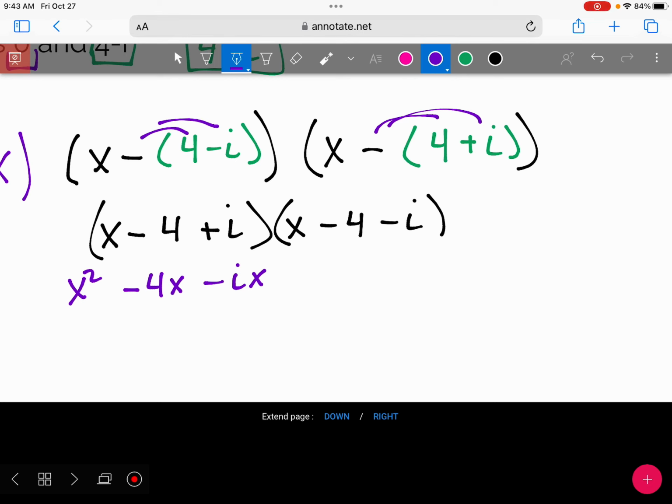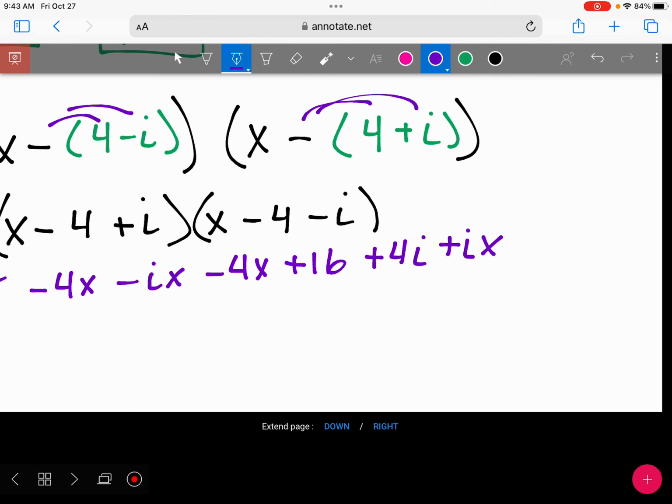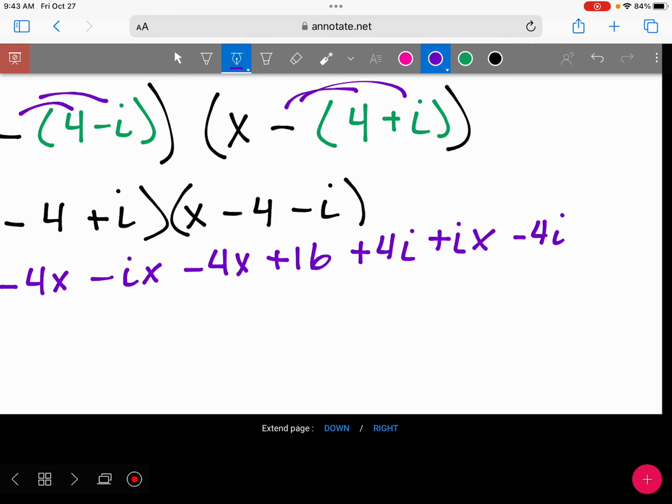So minus 4 times x, minus 4x, minus 4 times minus 4, plus 16, minus 4 times minus i, plus 4i, and then the i's: ix, i times minus 4, and i times minus i, minus i squared.